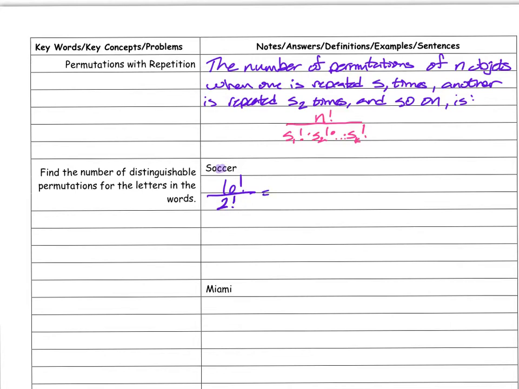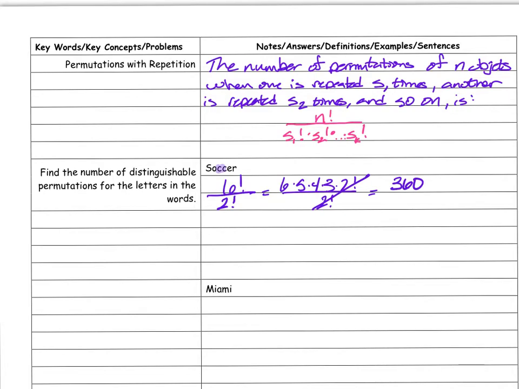You can put that in your calculator if you've Googled how to do that. So I've got 6 times 5 times 4 times 3 times 2 factorial over 2 factorial. That goes away, and I get 360 permutations, distinguishable permutations in the word soccer.